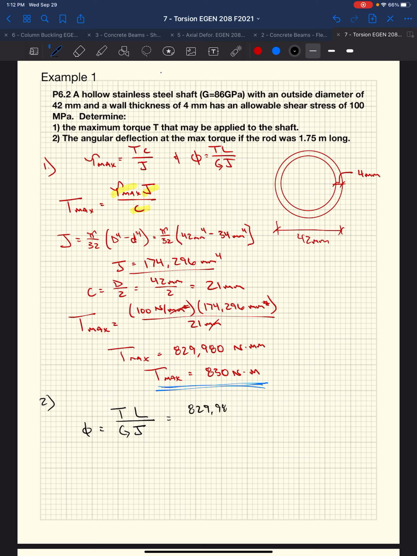829,980. Remember, consistent units. I'm using newtons and millimeters. 86 gigapascals, that's 86,000 megapascals.